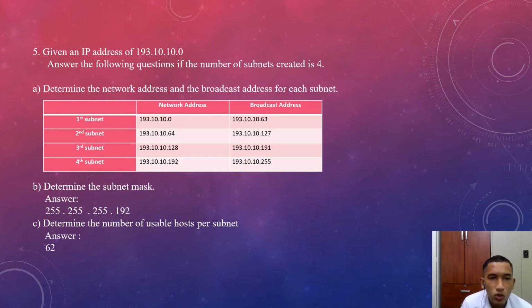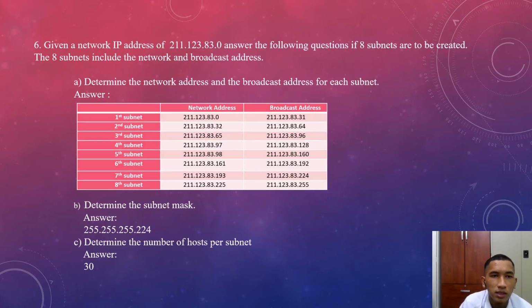The answer is 255.255.255.192. Question C: determine the number of usable hosts per subnet, and the answer is 62.